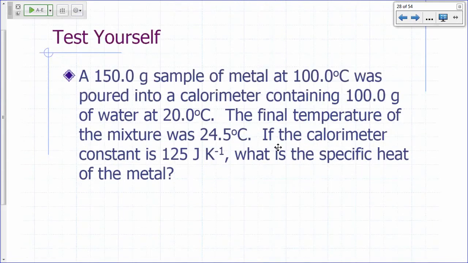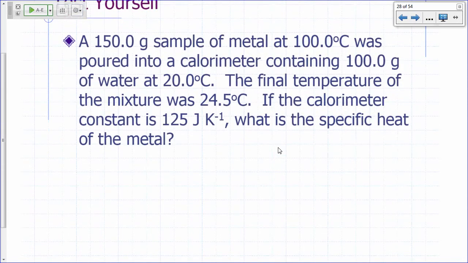All right. So here's an example of a follow-up to that. In this case, now you have a calorimeter that you have calibrated, so you know your calorimeter constant is 125 joules per Kelvin. So this time you mix a 150 gram sample of a metal, unknown sample. Now you don't know your heat capacity.